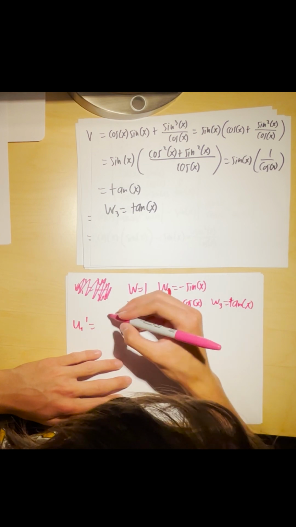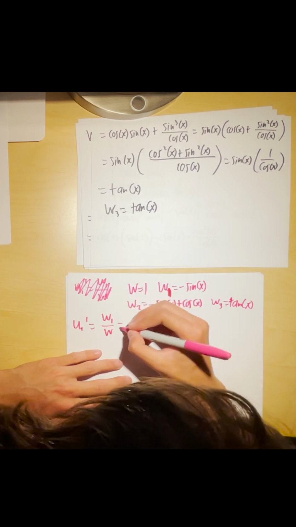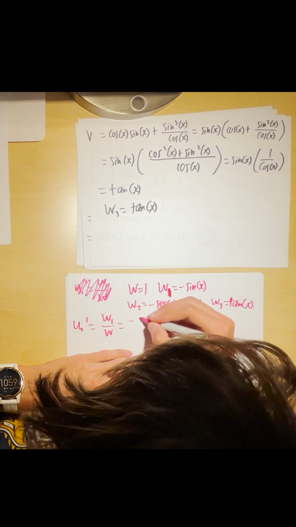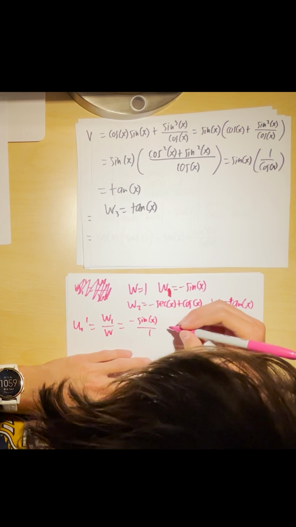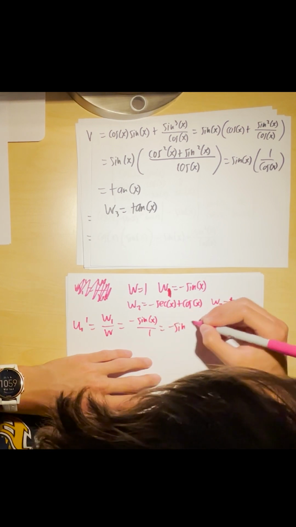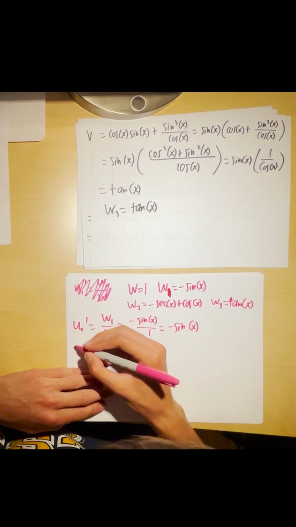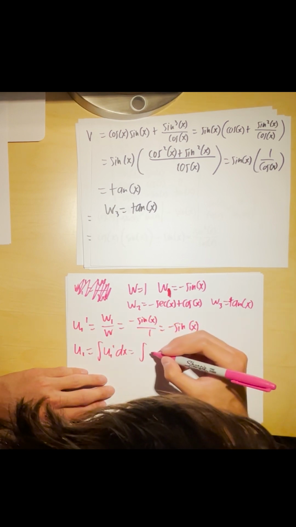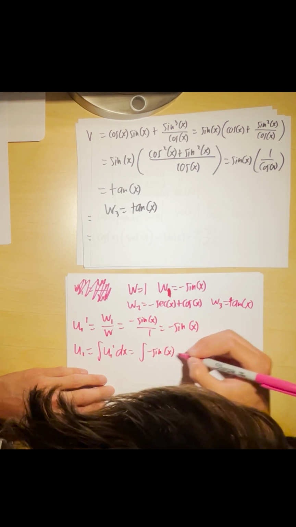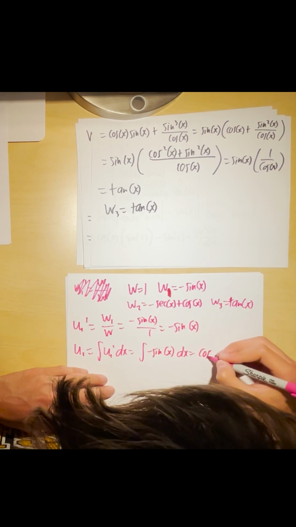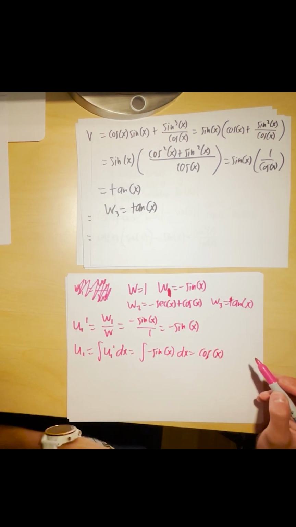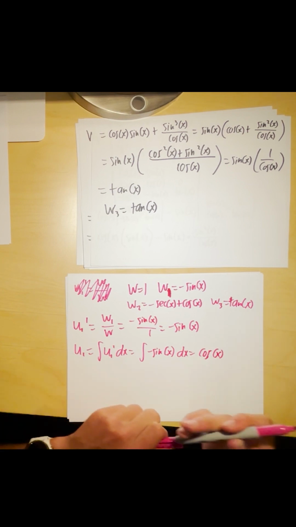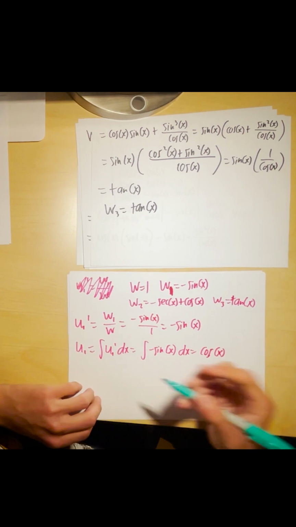u1 prime equals w1 over w. And I'm just going to do it all here. Negative sine of x over 1 equals negative sine of x. u1 equals the integral of u1 prime dx, so u1 equals cosine of x. Now I'll switch colors for u2.